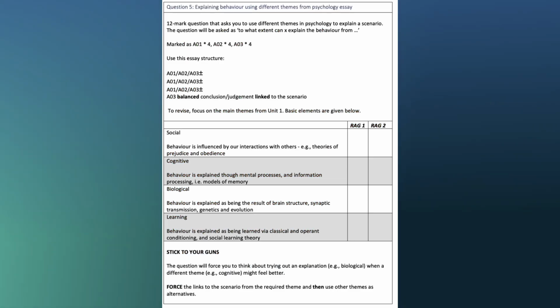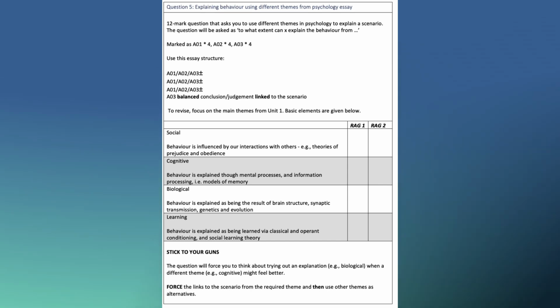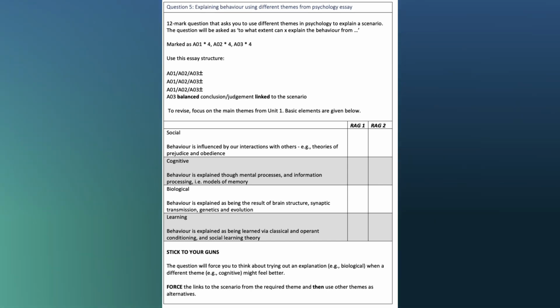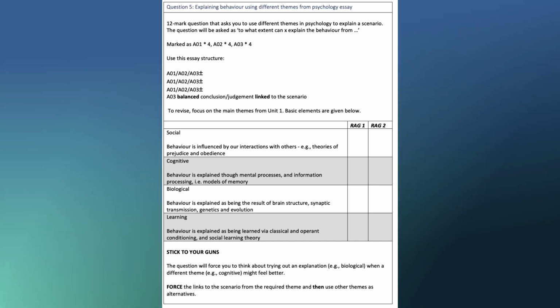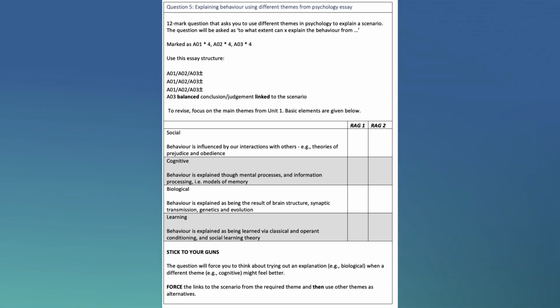So your final question in the Unit 3 mock exam is question 5, and this is about explaining behaviour using different themes from psychology. It's always a 12-mark essay, and what you can see in front of you is an extract from your PLC, and it's always going to say something like evaluate how far this social psychology can explain this behaviour, or to what extent can biological psychology explain their behaviour.